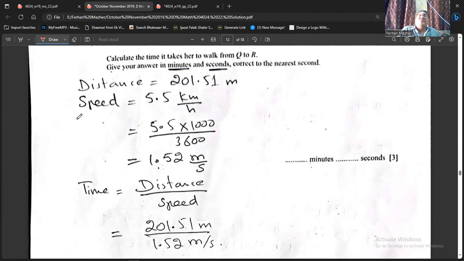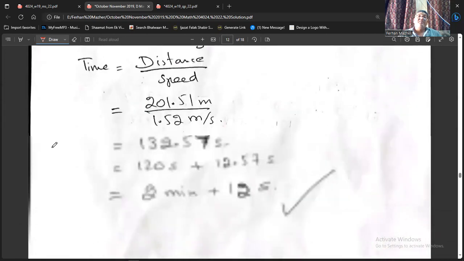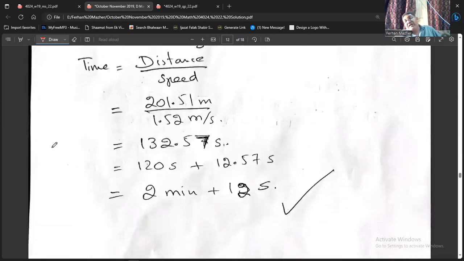For that purpose, I will multiply it by 1000 and divide it by 3600. So I will get 5.5 multiplied by 1000 divided by 3600. That is 1.52 meter per second. That's the speed. The distance she needs to travel is 201.51 meter. The speed is 1.52 meter per second. So the time will be, when you divide, 132.57.